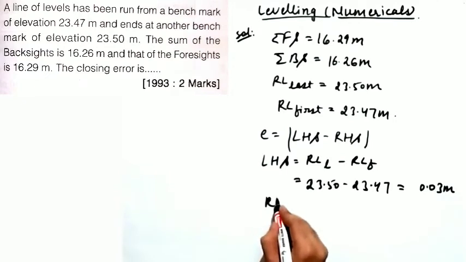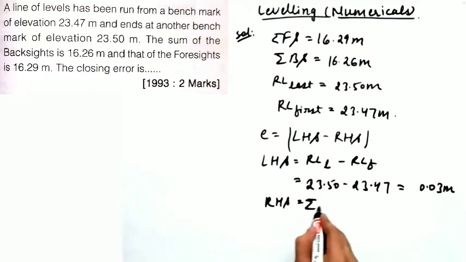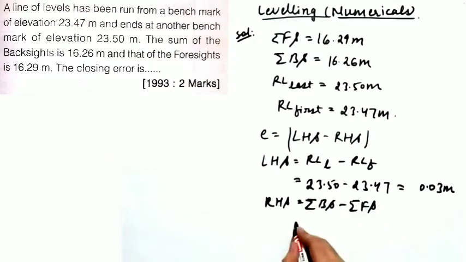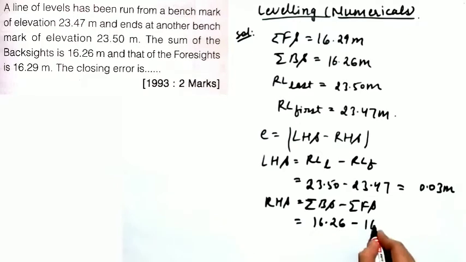Now what is RHS? RHS is sigma Bs minus sigma Fs. Sigma Bs is 16.26 and sigma Fs is 16.29. Since sigma Bs is less than sigma Fs, it comes out to be minus 0.03. If it had been 0.03 and 0.03 with the same sign, then it would have been perfect leveling.